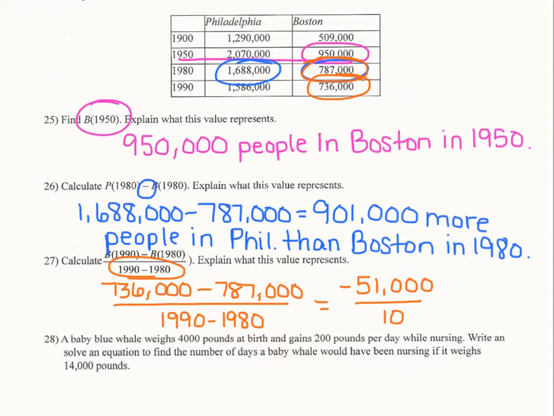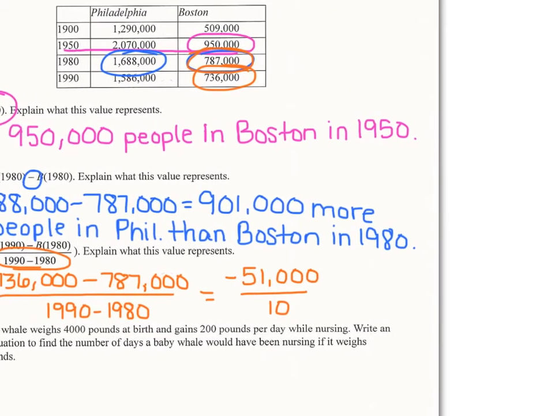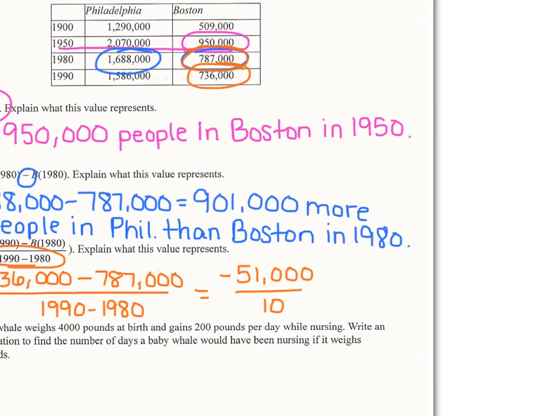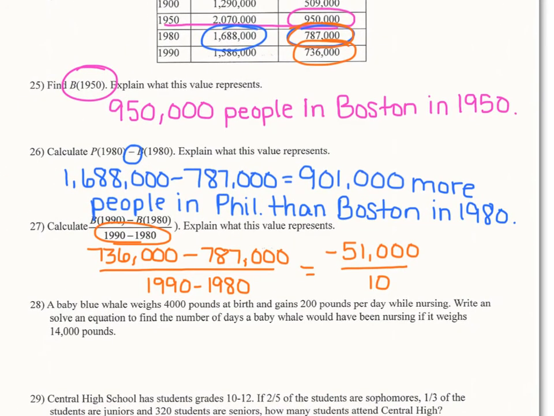Okay. Before we move on, let's talk about what each one of those numbers represents. This negative 51,000, if you think back to the last question we did where it was telling us to subtract, these are both Boston numbers, okay? But this is Boston in 1990, this is Boston in 1980. So it came out negative. What does that tell you?